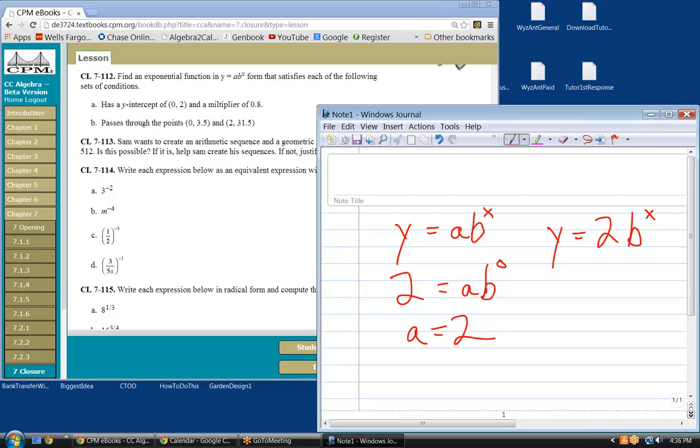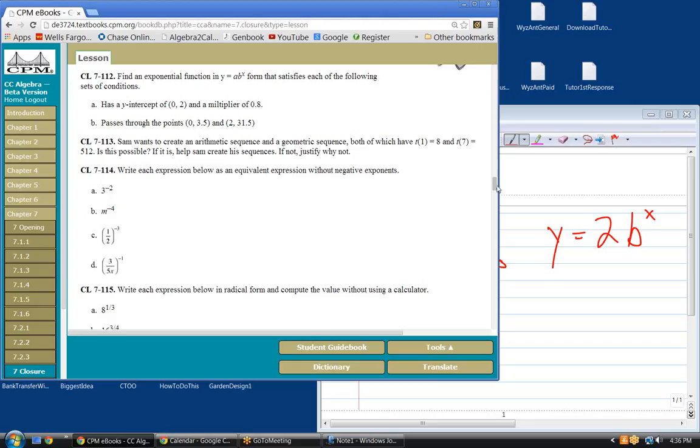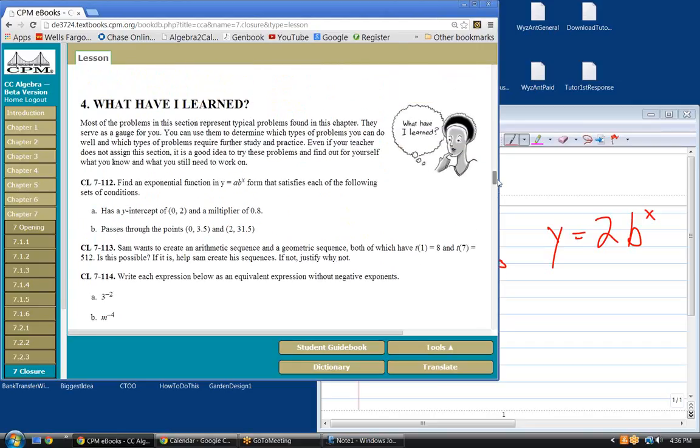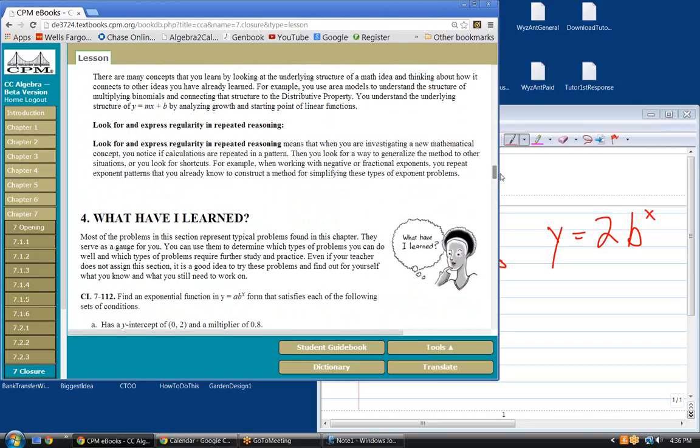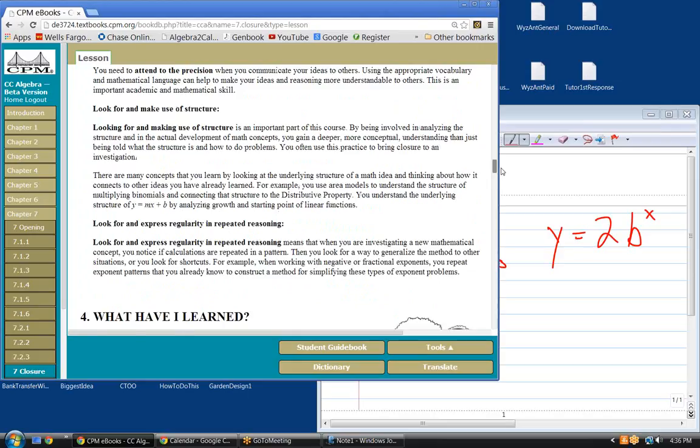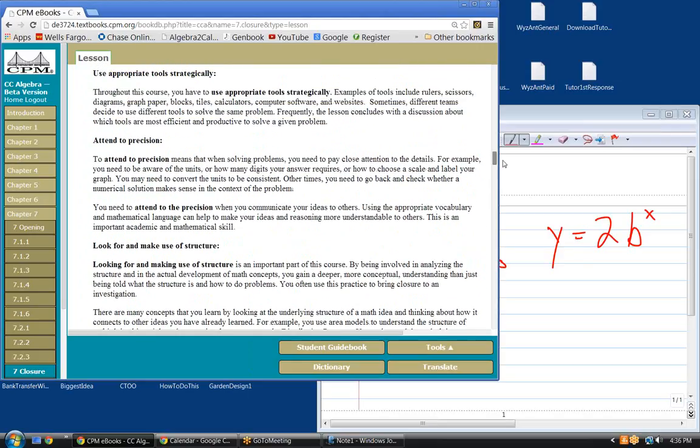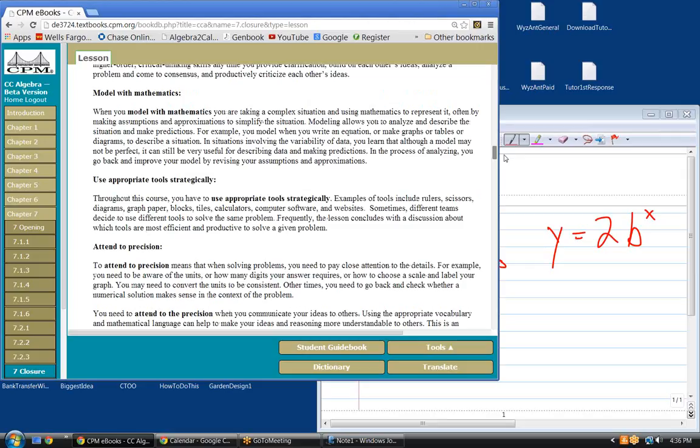And they say a multiplier of 0.8. I assume, what does that mean? I don't know. Shouldn't have dismissed all this writing, because I'm not familiar with that term.